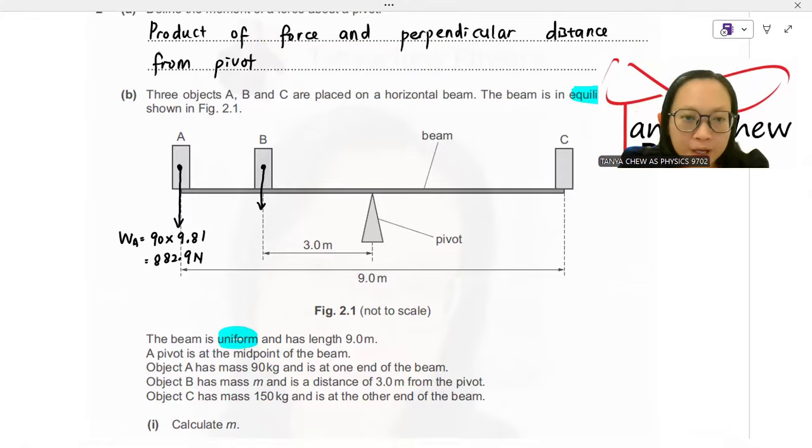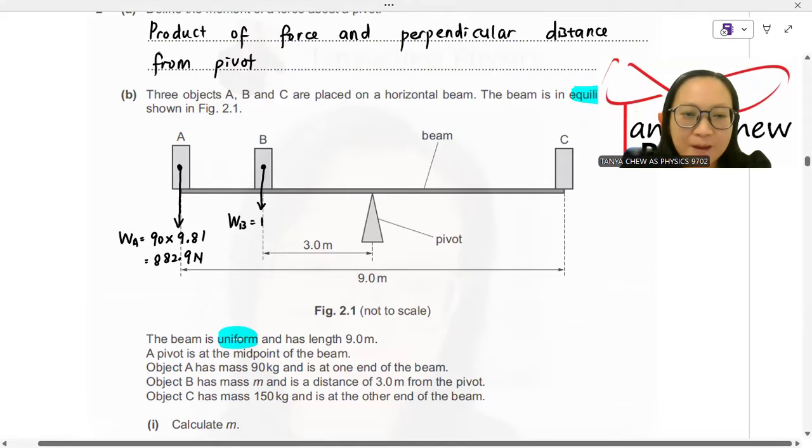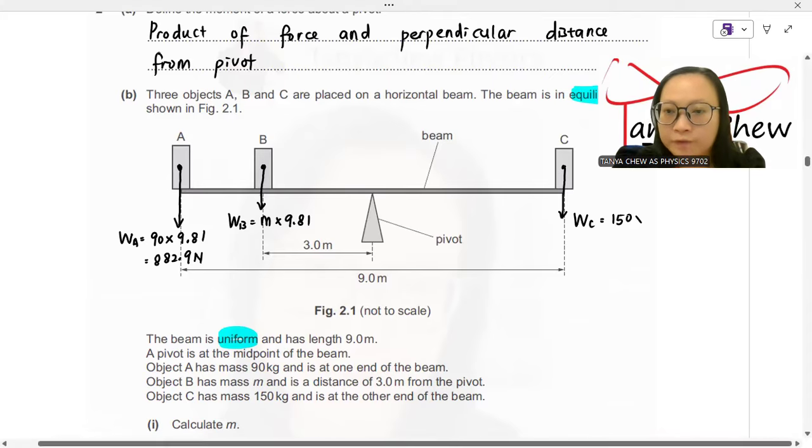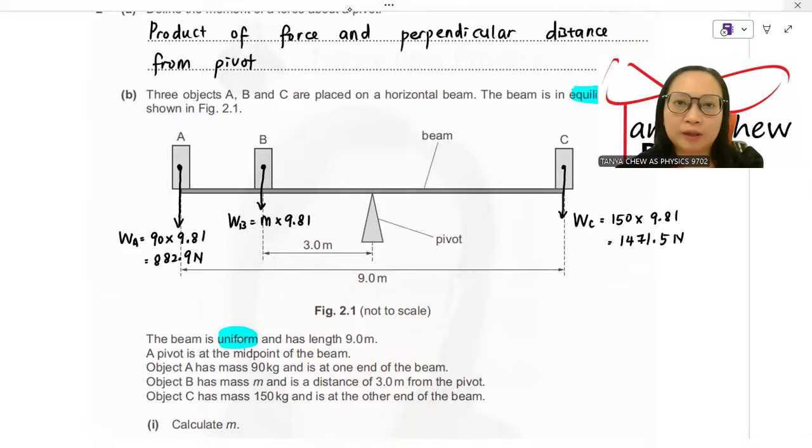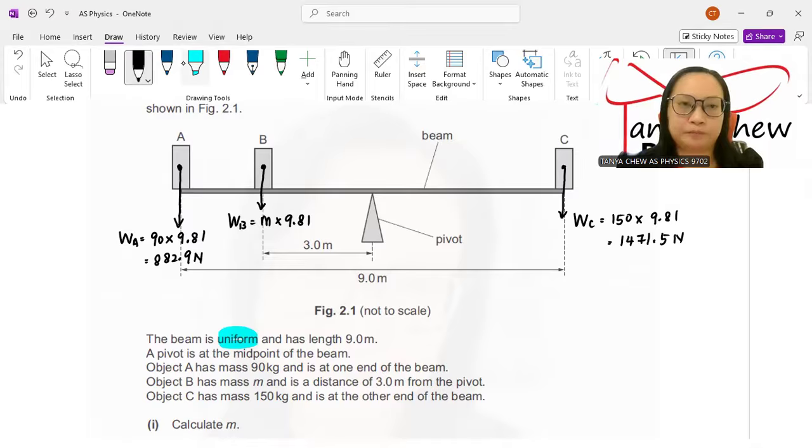Weight of B is mass m times 9.81. And the weight of C, center of C is here, is equal to 150 times 9.81, so it is 1,471.5 Newton.